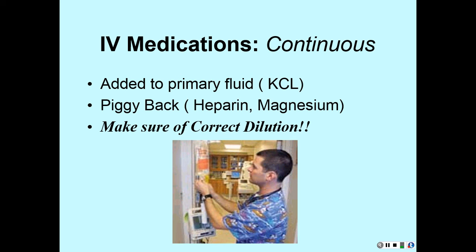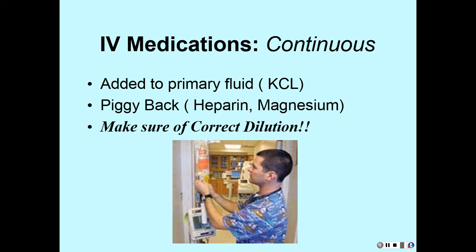So those are just intermittent, though. When you're giving like one dose, those are the intermittent piggybacks. If you have heparin infusing or mag infusing, those are continuous. We don't just stop heparin or just stop mag.